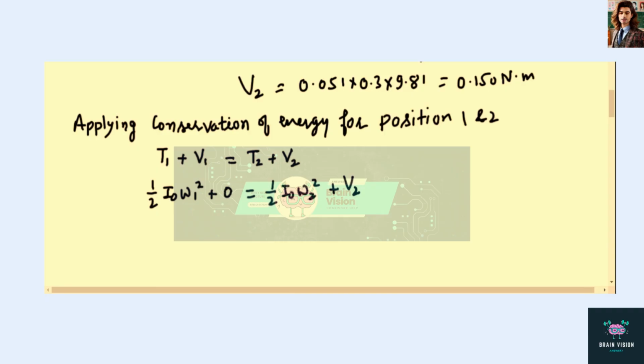So by solving this equation for omega 2, you will get half I naught omega 1 square minus V2.